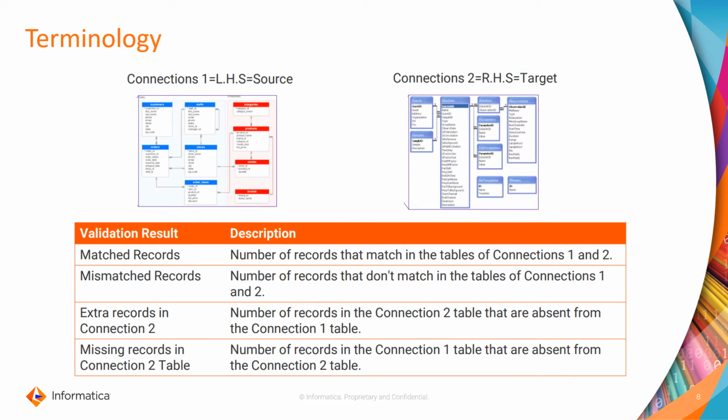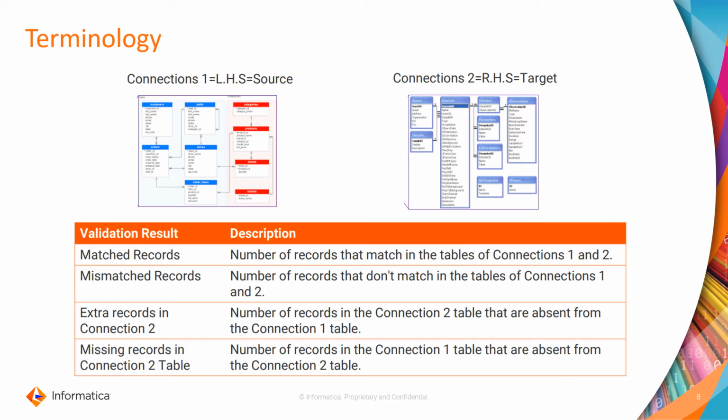For terminologies, in our previous example, data validation will use two objects to compare. One will be connection 1, or the left-hand side, or the source, and the other would be connection 2, the right-hand side, or the target.